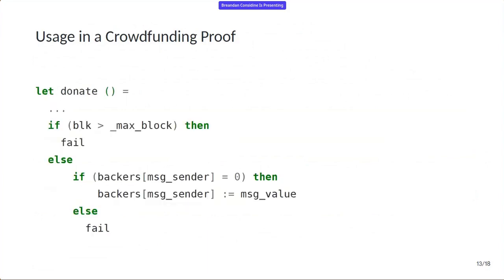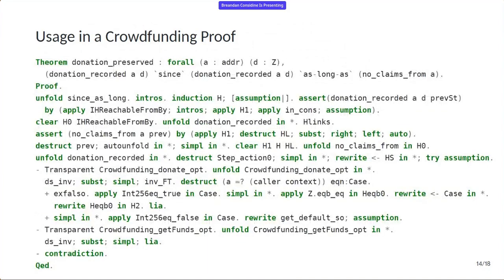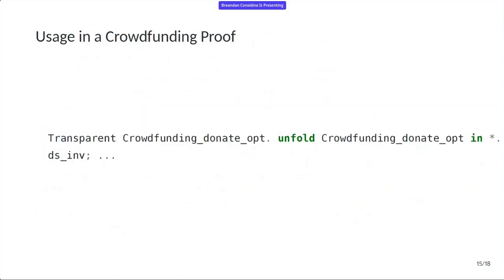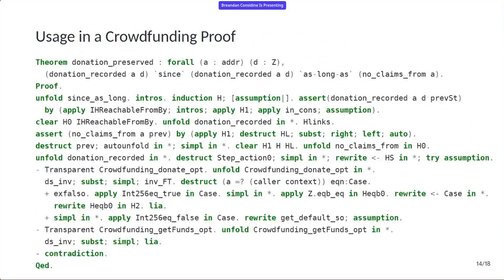Okay, and now I'd like to look at another brief demonstration of what the difference is. If you look over here, we have this call to make donate no longer opaque and then unfold it. Then we call this function DeepSEA inversion, which is going to consider all the cases that the DeepSEA source file could branch into.